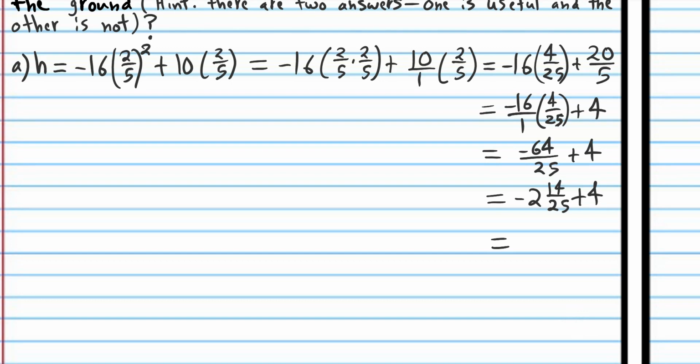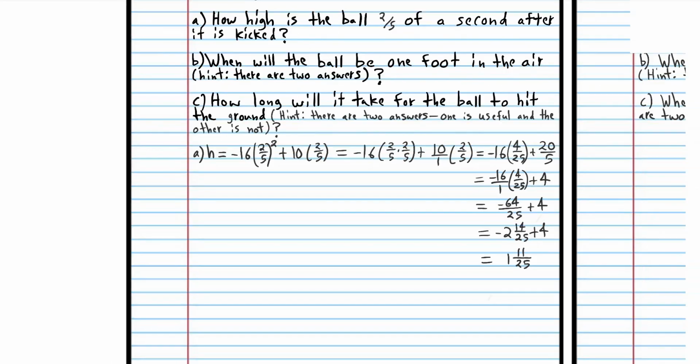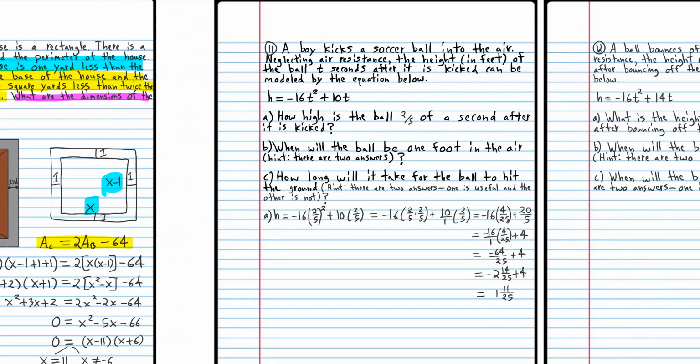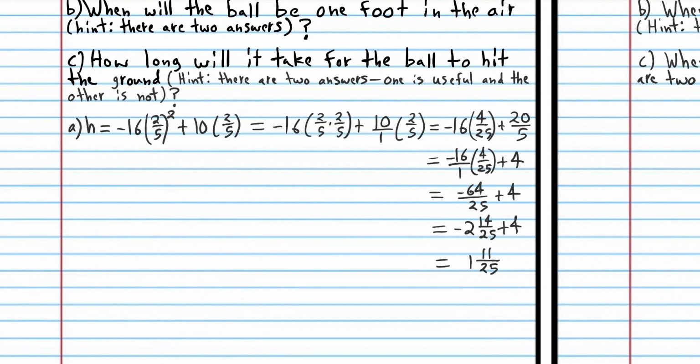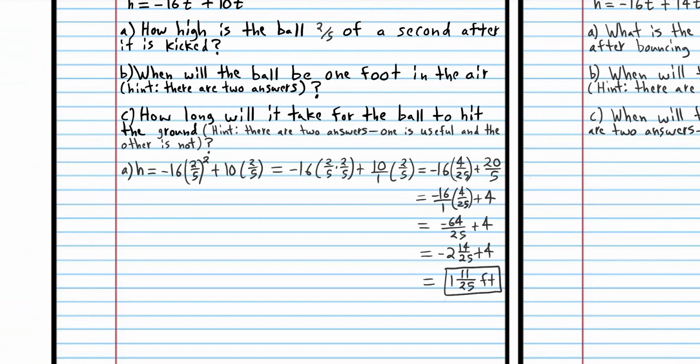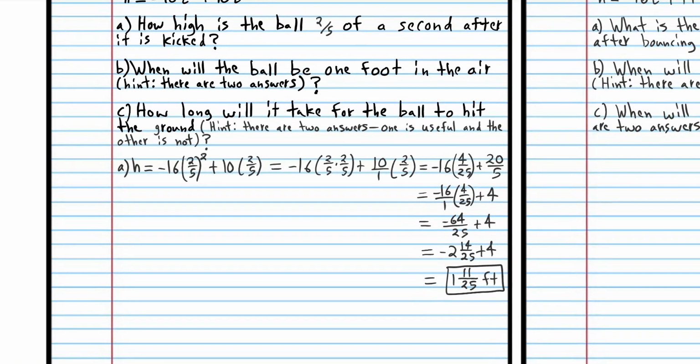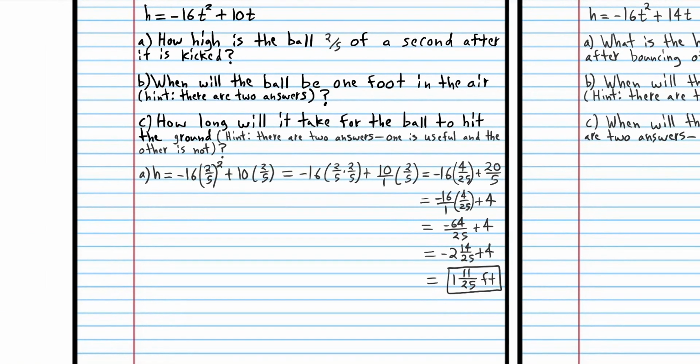And you can just do the basic math here, and it's obvious that this is going to be 1 and 11 25ths. Again, if you don't remember how to do that, just go back to my arithmetic course. And that would be, what are we dealing with here? That would be feet. So that's how high it's going to be after 2/5 of a second passes since the ball is kicked.